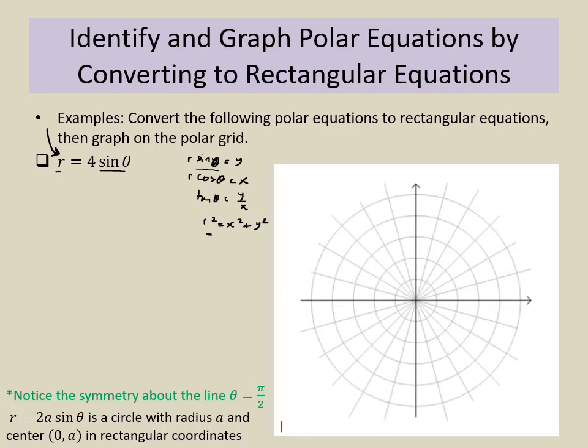Okay, well, in this case, what we did previously is not really going to help us. Did you try to square both sides? Not really going to be ideal. Sure, you're going to get r squared like we did last time, but then on the right-hand side, you get 16 sine squared theta.